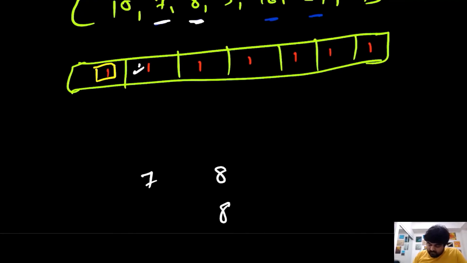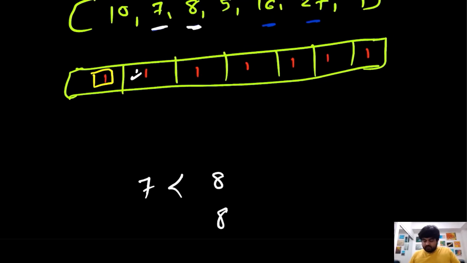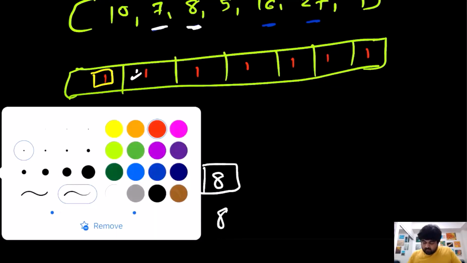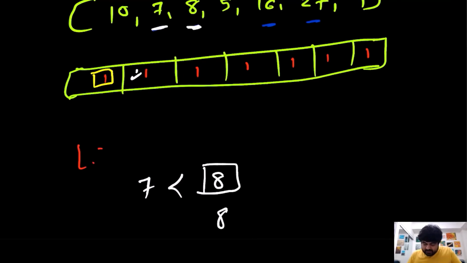For the second scenario, 7 to 8, this is a valid increasing substring because 7 is less than 8 and it comes before it. So what we can determine is that the longest increasing substring we can make at value number 8 would be whatever the longest increasing substring we have made up until this point, so whatever the longest increasing substring we have made for the value number 7, plus 1, because 8 is coming after 7 and 8 is just one step after it.